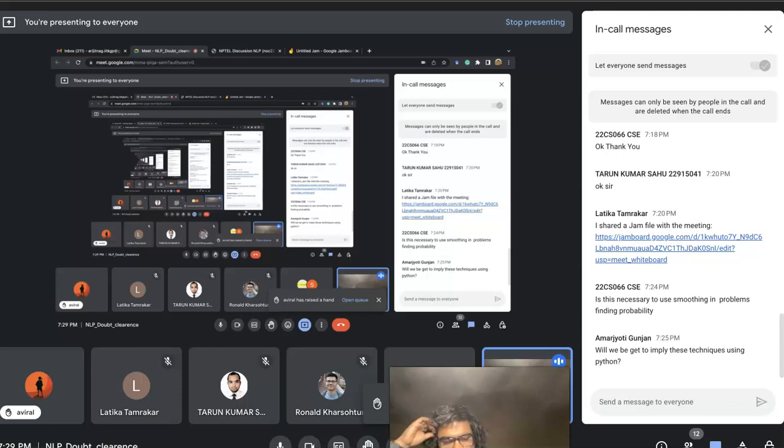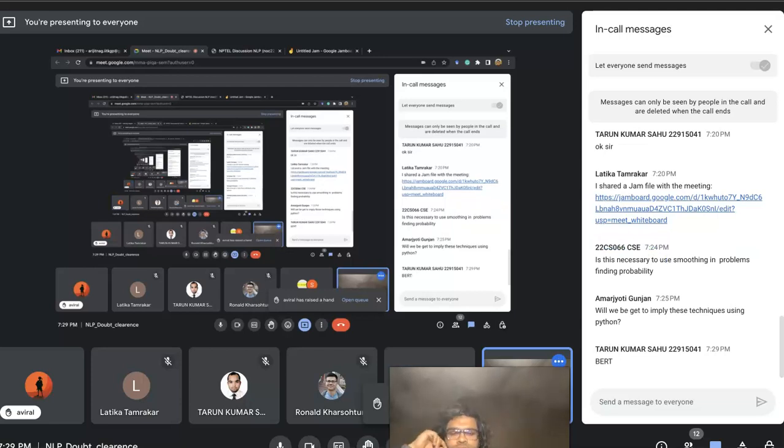I hope you know BART, BERT, multilingual BART, and all this. You can search on the website, on Google. There are lots of pages you will find. Just search sentiment analysis using BART or using transformers. You will find lots of code available.